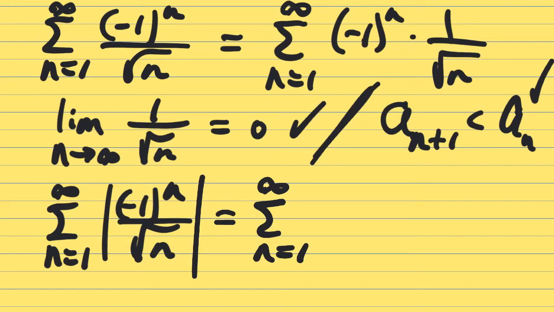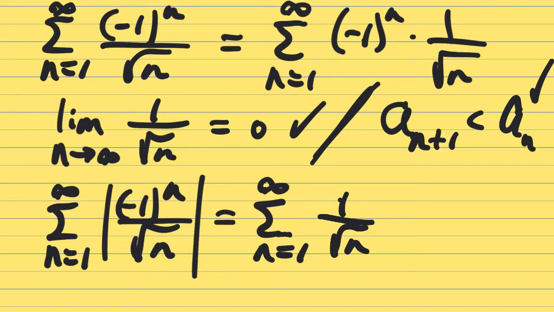Every term will be the opposite sign to the one before it. If you take the absolute value of a negative number, it becomes the positive version of itself. For example, the absolute value of negative 3 is 3. What's the absolute value of positive 3? That's also 3. So with the absolute value, this series becomes simply 1 over square root of n.